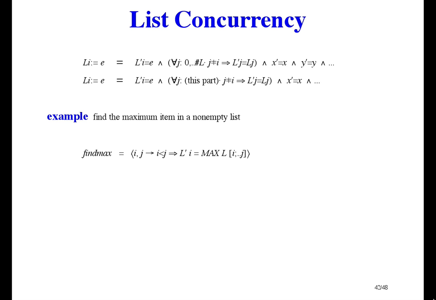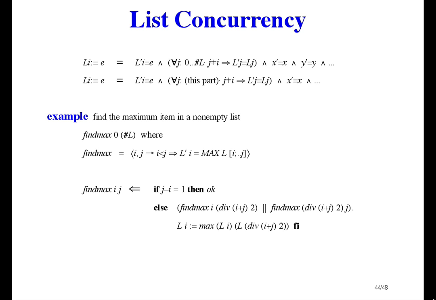So findMax says find the maximum item in a segment and put it at the left end of the segment. We want the maximum of the whole list, so that's findMax from 0 to the length of the list. And we'll look for the answer at L 0.